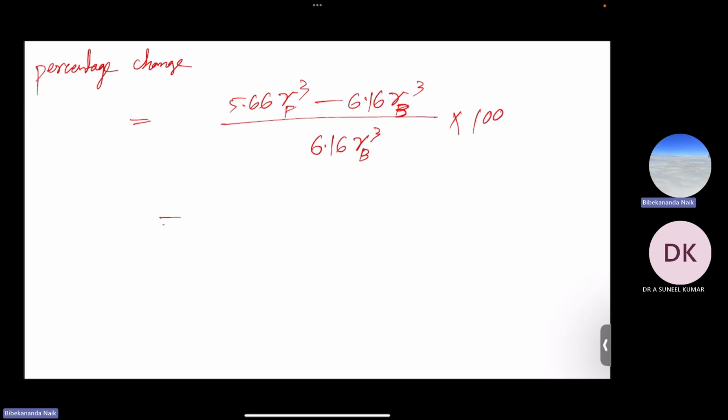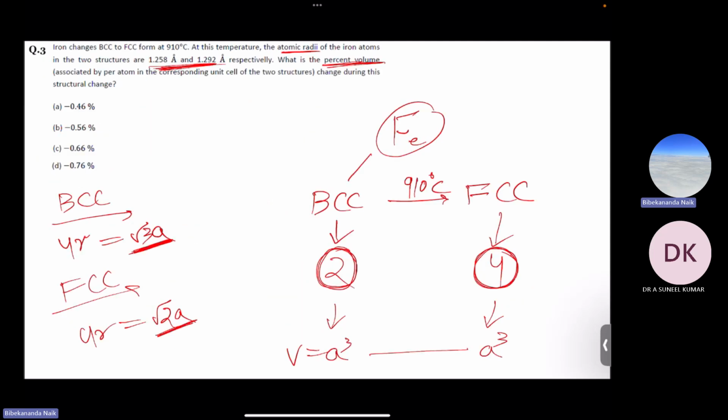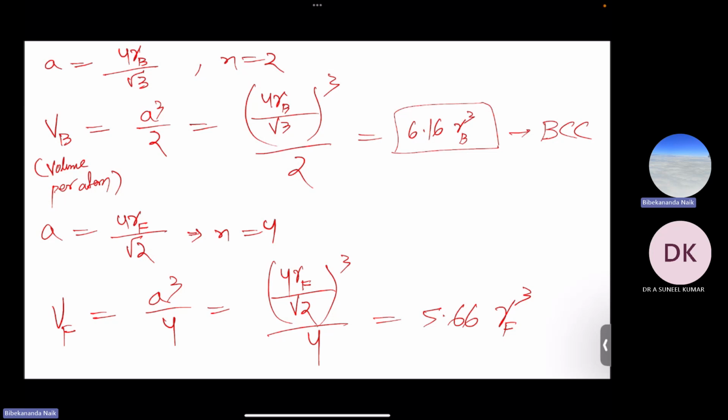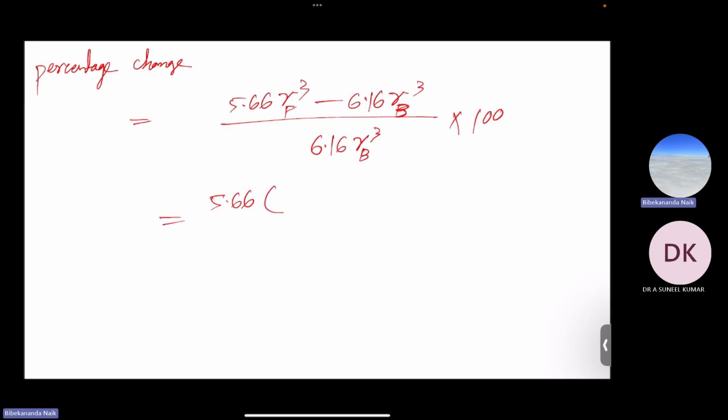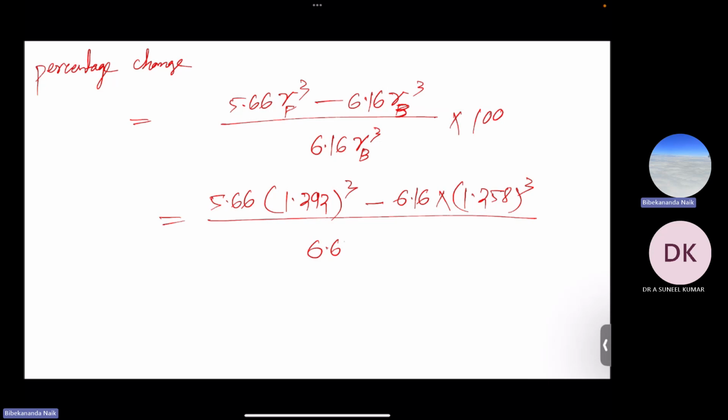For face center cubic the value of RF was 1.292 angstrom, so it will be 5.66 times 1.292 cube minus 6.16 times 1.258 cube, divided by 6.16 times 1.258 cube.